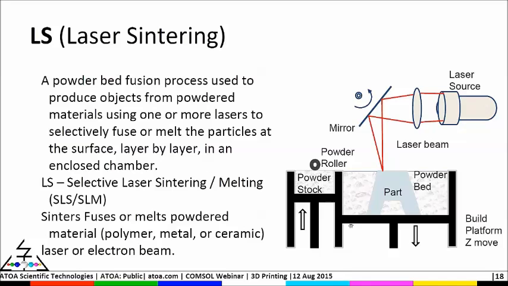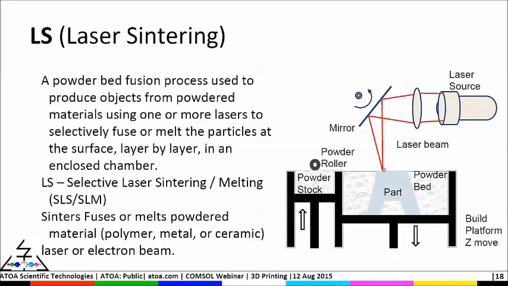On the right side, what you see here are the components of the laser sintering process. The part is built in the powder bed chamber. From the left side, from the powder stack, a powder roller will deposit a single layer of powder onto this powder bed. The powder bed is then sintered using the laser.